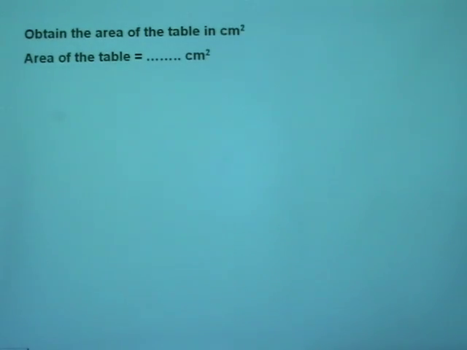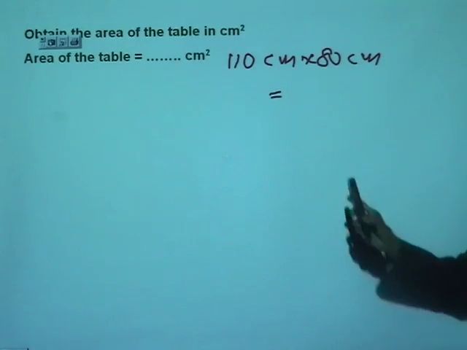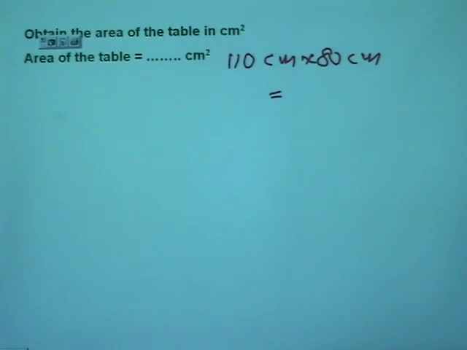Well, the area of my table will be 110 centimeter multiplied by 80 centimeter, and I got it as 8,800 centimeters squared. Well, that is the area of my table.